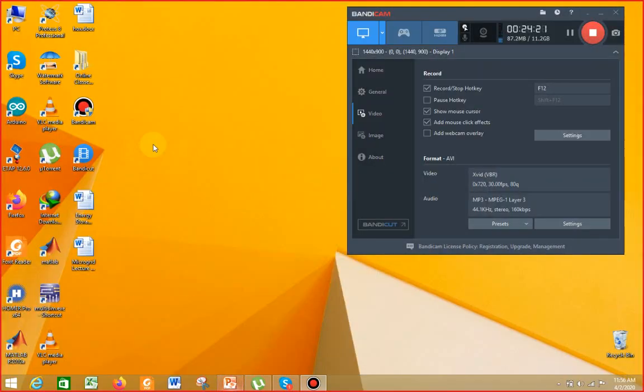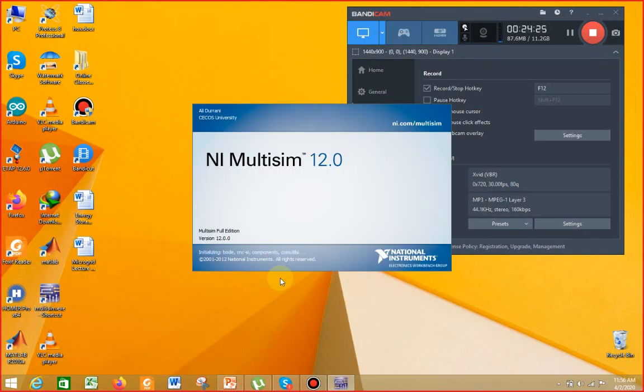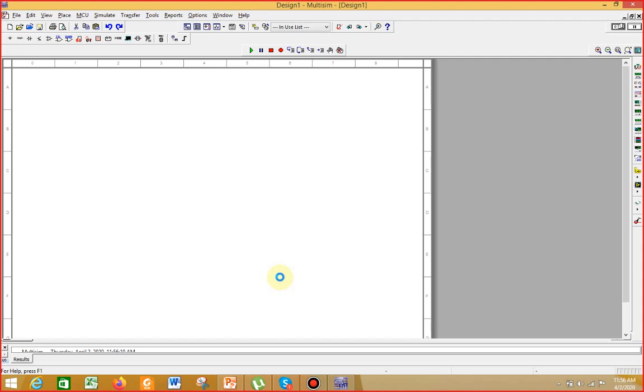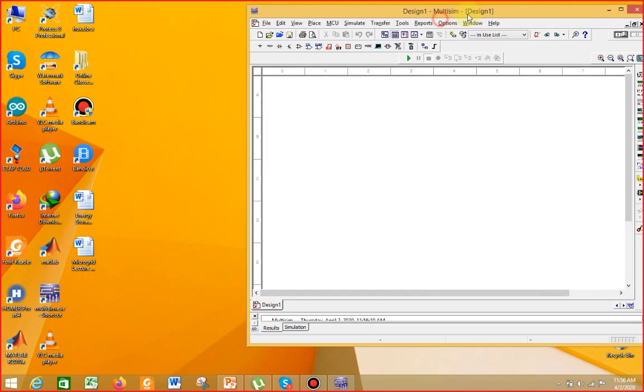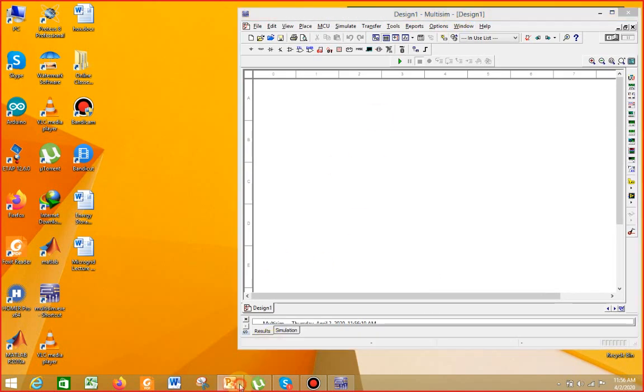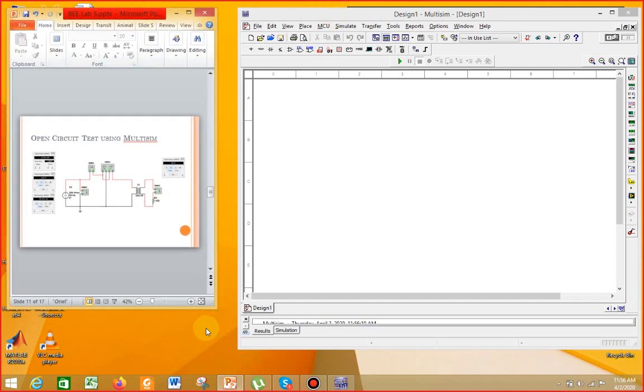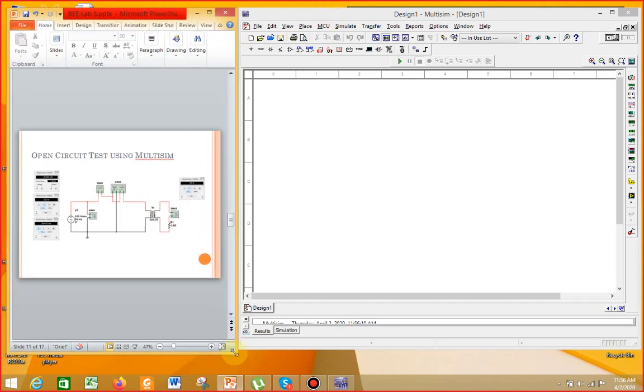Okay, so let me open Multisim here. I will also open the slides there, so you can get a view of the circuit diagram.